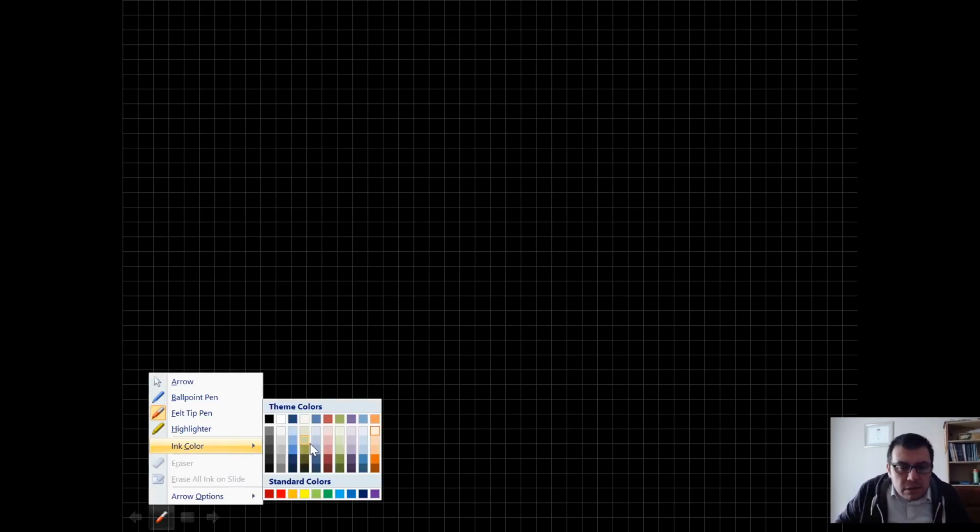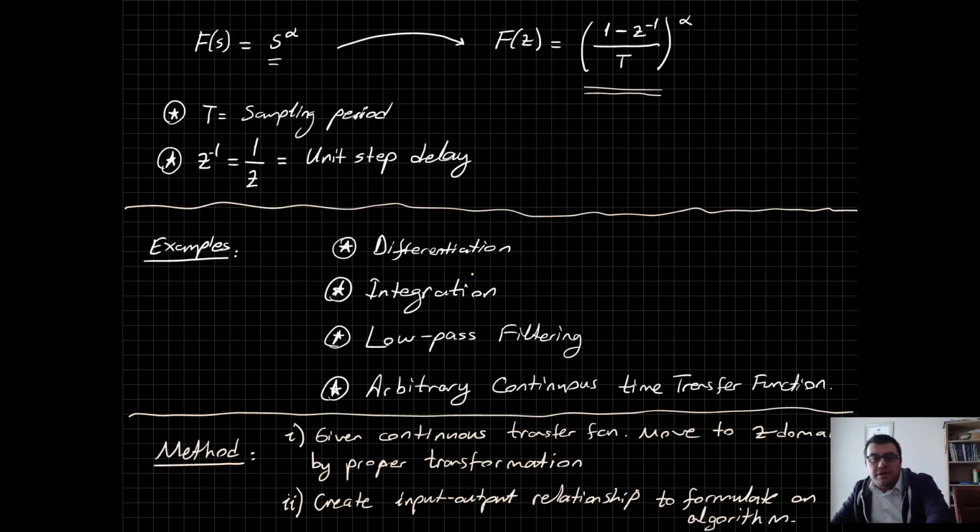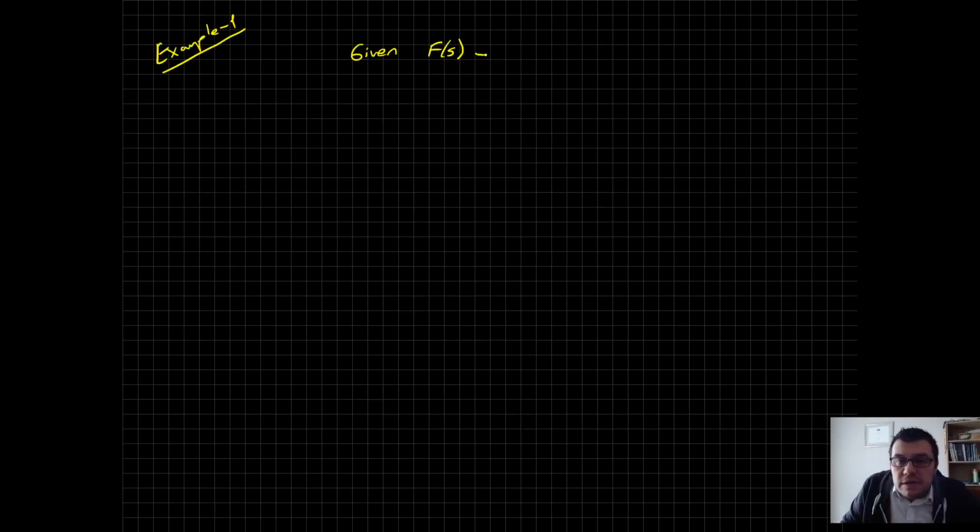Okay, well, I usually like this yellow color a lot. Let's write here example 1. Given f of s, so our example was on differentiation, right? So f of s is equal to s. This is the differentiation. Then f of z, okay, let me segment it.